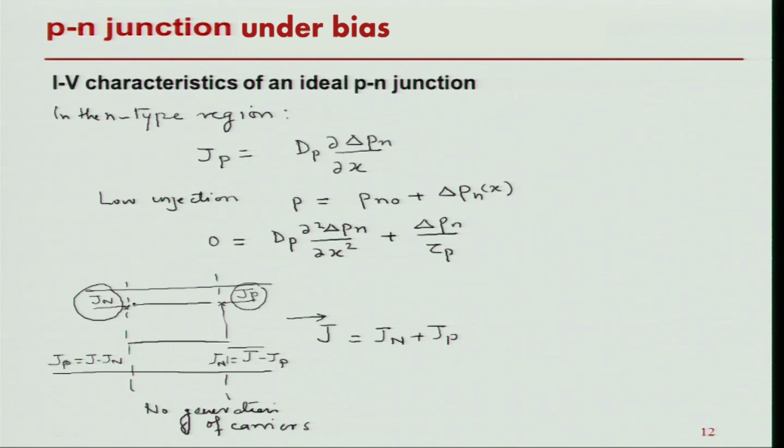And so, I need not calculate what is happening in the depletion region. So, basically in the depletion region J is equal to J n plus J p. Now let us find a solution for J n and J p, from which we can calculate the total current in the device.